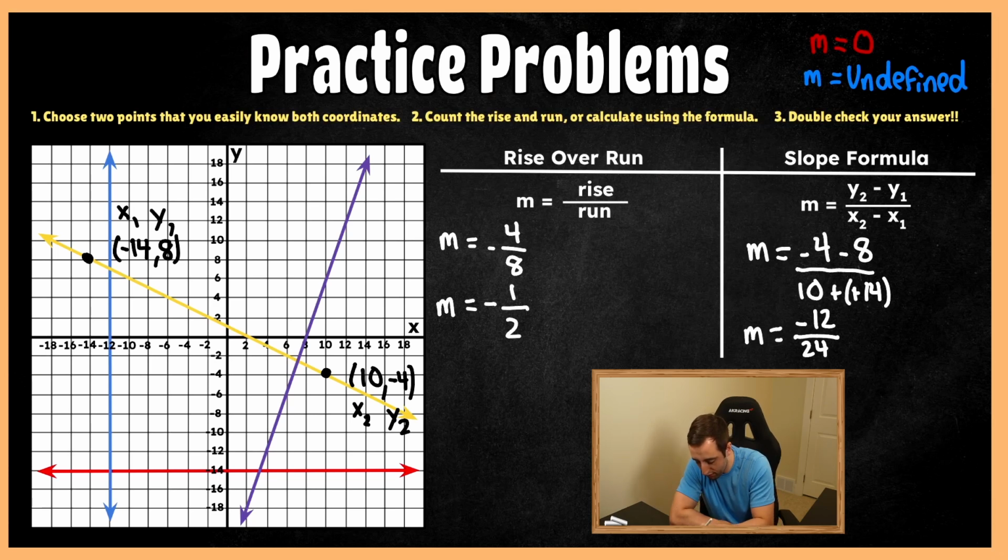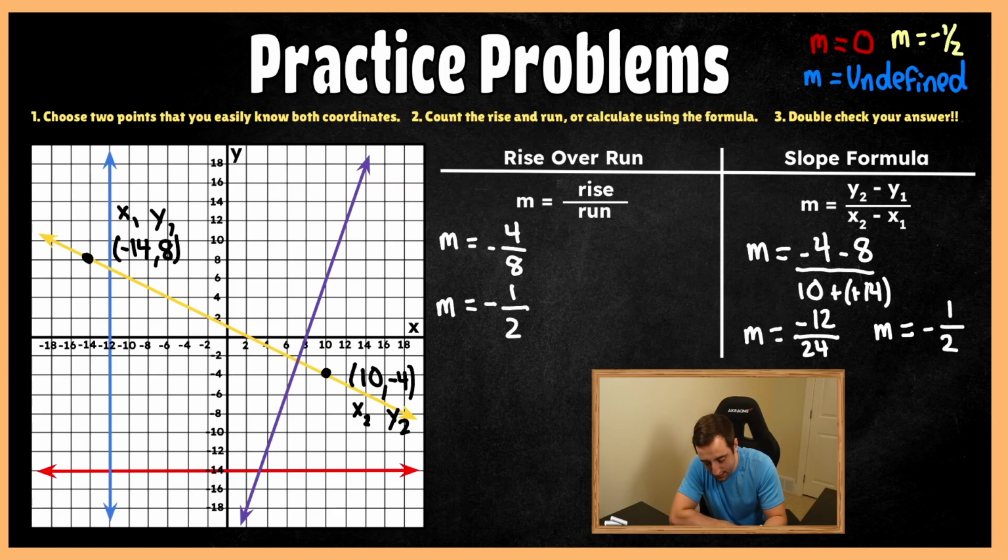Well, 12 and 24 are both divisible by 12, so we end up getting m equals negative 12 divided by 12 is 1, 24 divided by 12 is 2. And once again, we get negative 1/2 regardless. So for our yellow one, I'm just going to write it up top there and kind of fit it in that corner. We get m equals negative 1/2.